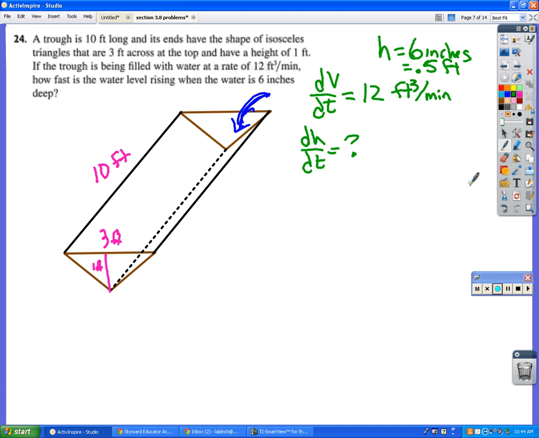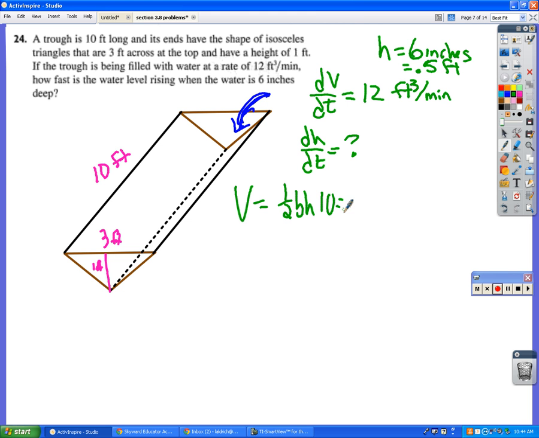I'm forever in your debt. What problem number is this? 24. Okay, so now we need to figure out the volume of this trough. The formula for the triangle volume is the area of the triangle times the depth. What is the area of the triangle? 1/2 base times height, and then times 10.